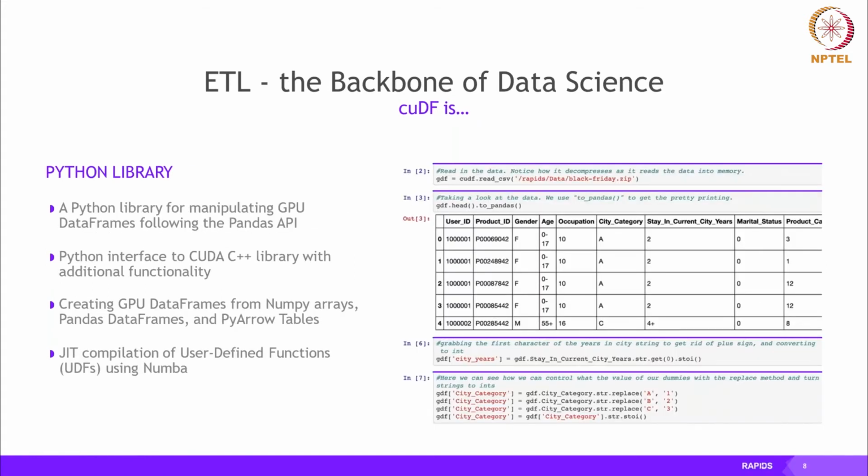So as I told you, libcuDF is basically a C++ library which primarily calls CUDA libraries like Thrust behind the scenes, while cuDF is basically a Python wrapper over all of this.